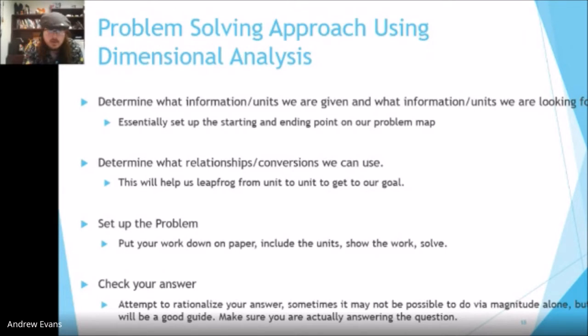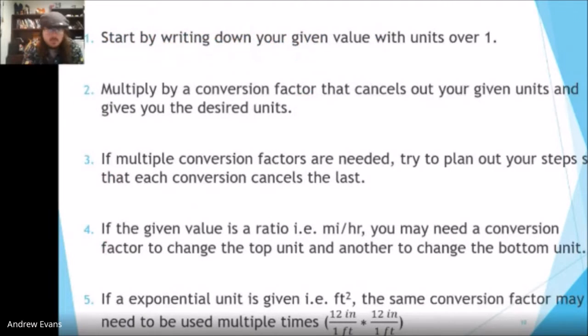It's loading now. But what am I going to do specifically for each problem? Once I've determined all my values, I'm going to start by writing down my given value with units over 1. So usually one of the first numbers given, over 1. I'm going to multiply by whatever conversion factors cancel out the given units and give us the desired units. If I have to do this more than once, I try to plan it out so I don't go down any dead ends.